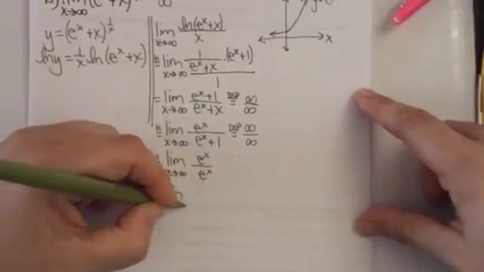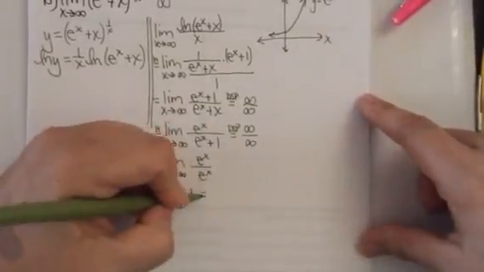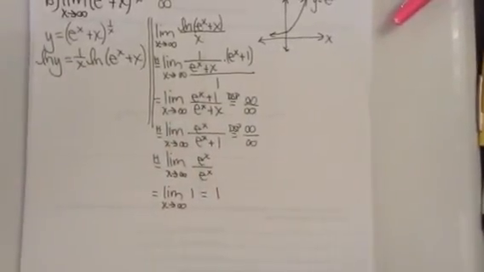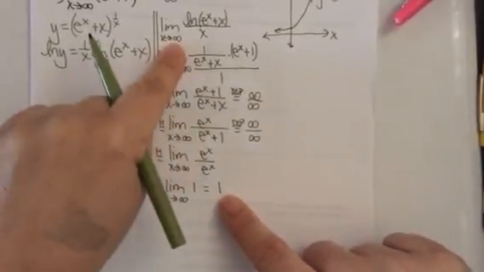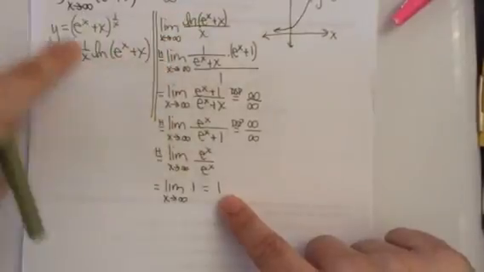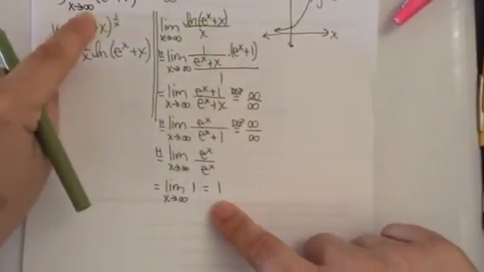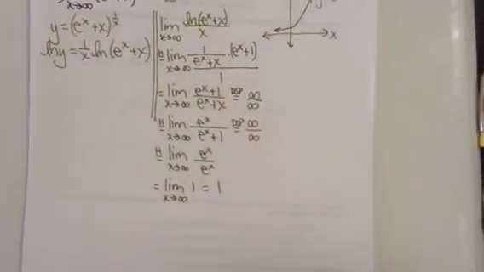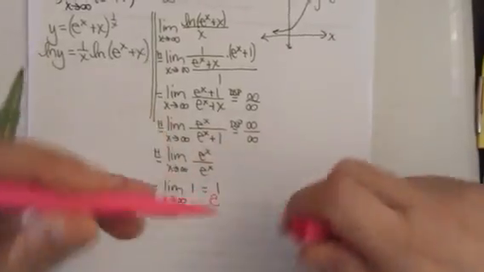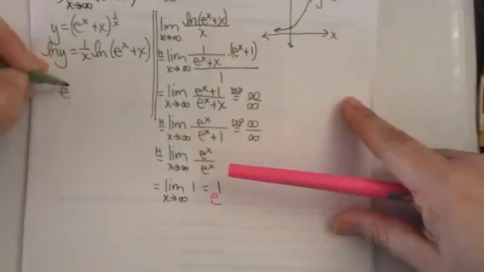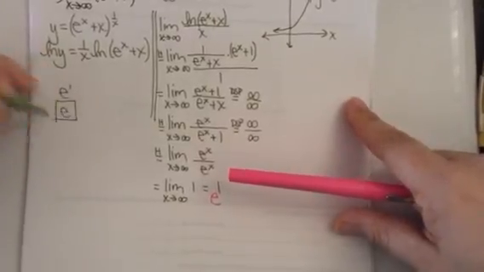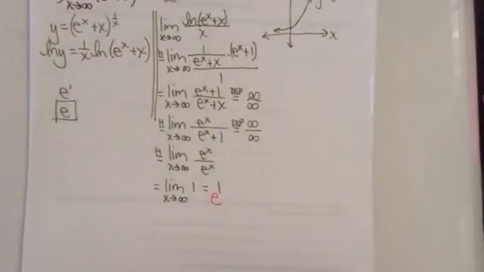Anything divided by itself is 1, and the limit of a constant is the constant itself. Remember, this is not the answer we want. This is the answer for this limit involving the log. The problem did not involve a log, so I need to undo it. The way I undo a log is by doing a base e, so the answer is e to the first, or e. Okay.